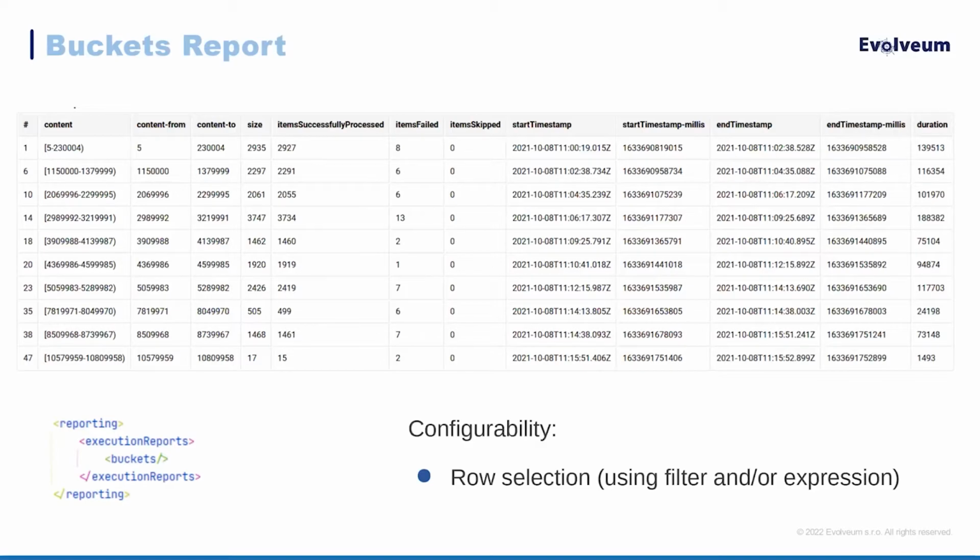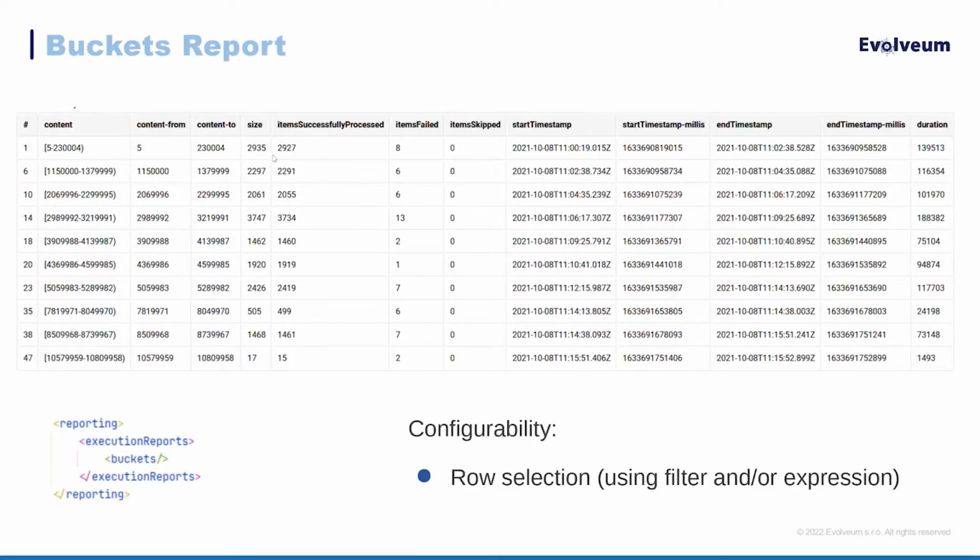This is a report at the level of buckets. We see here bucket number, the content of bucket, generally given as some interval from a value of some identifier. Then how many objects were really in that bucket?